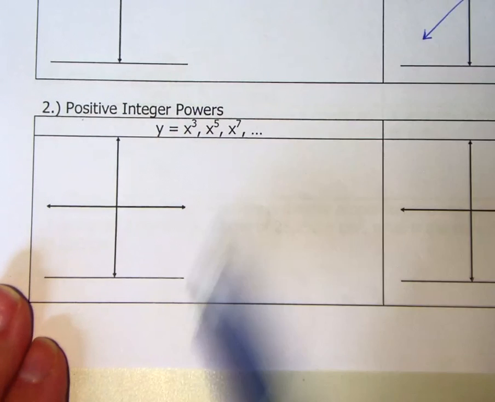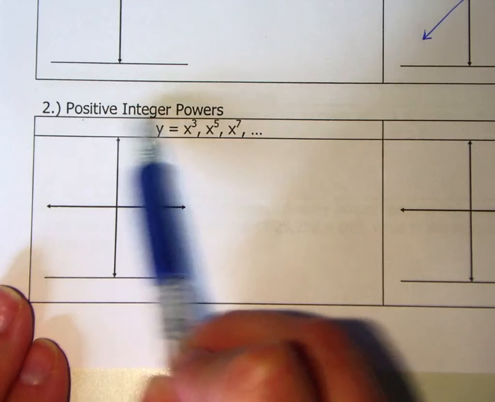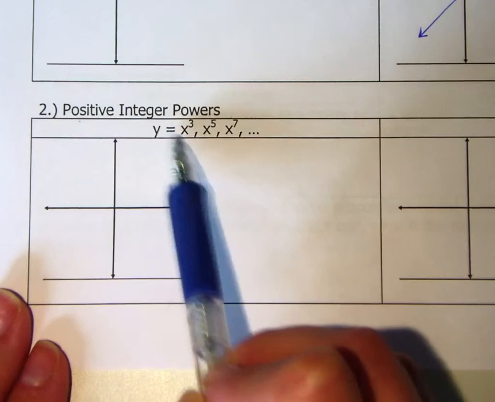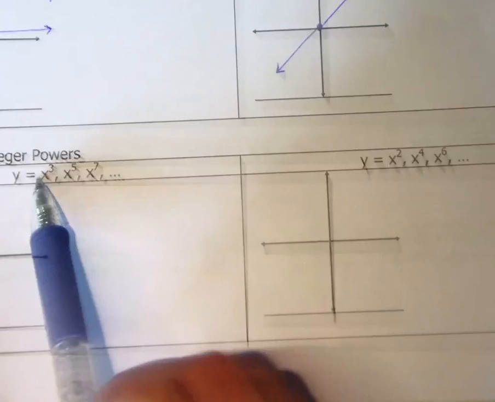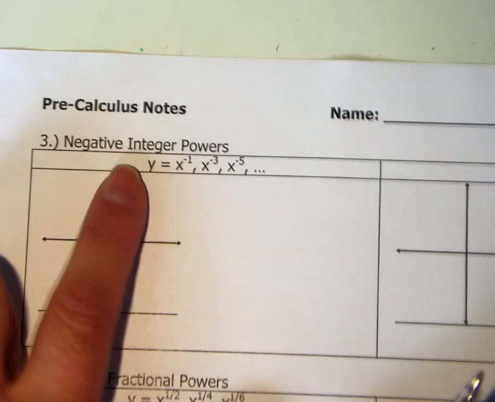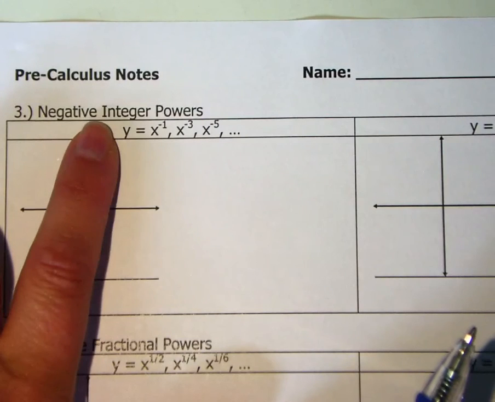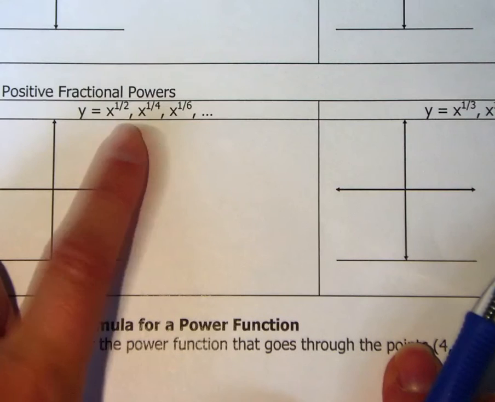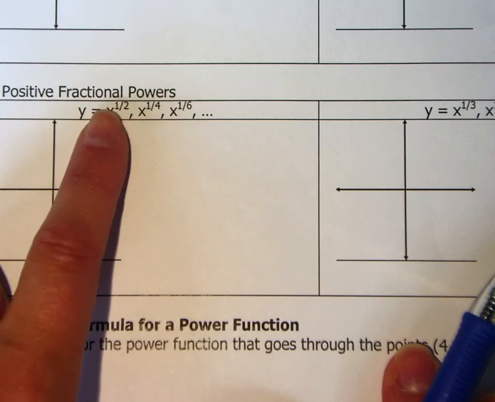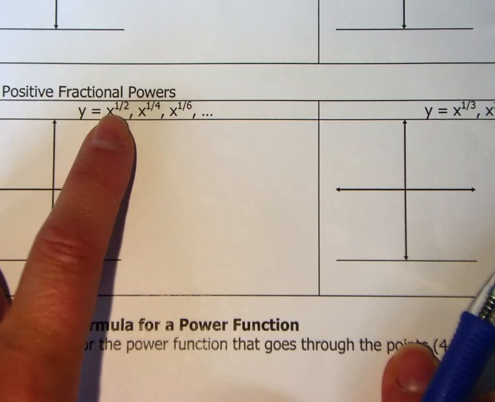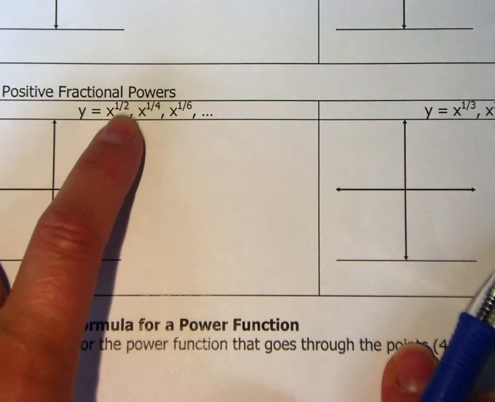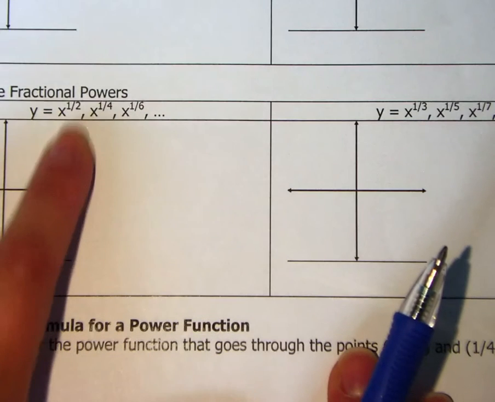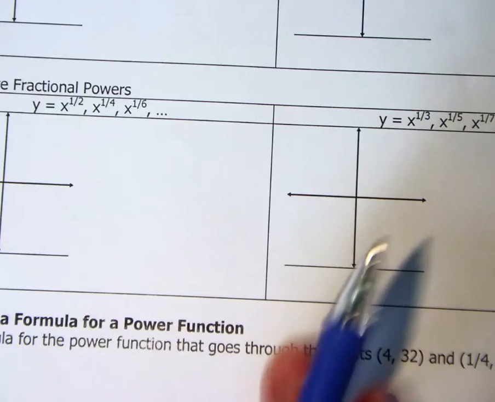In the next section you are going to look at positive integer powers, both odd and even. You are going to look at what happens to the graph when you have negative integer powers, again both odd and even. And then you are going to look at positive fractional powers, meaning your power is a fraction, again both even and odd.